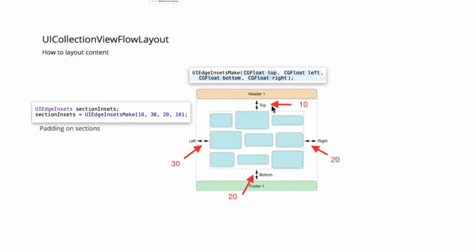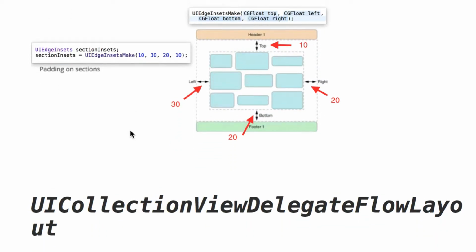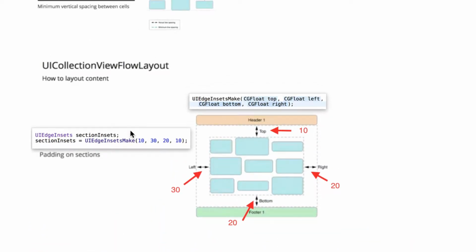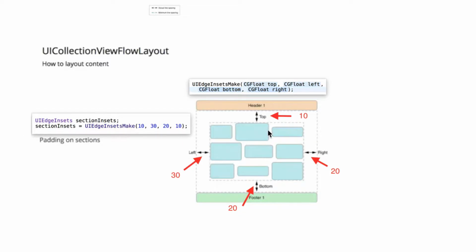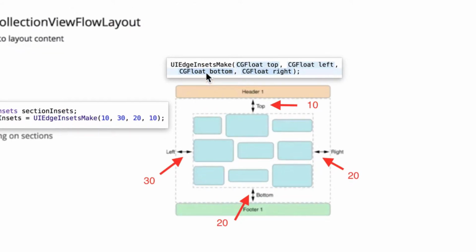So the collection view has an inset value from the header. You can see that this is the content inset. Just like any scroll view, we can inset its value, and it uses this special initializer, UIEdgeInsetsMake.